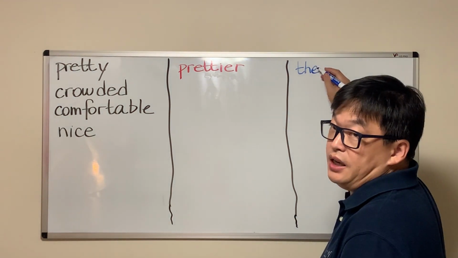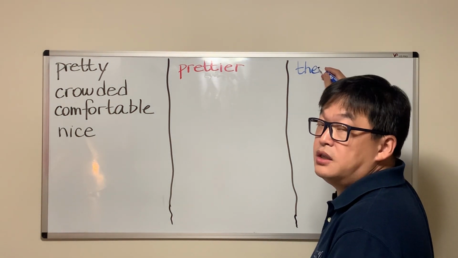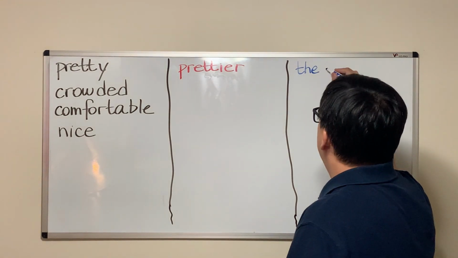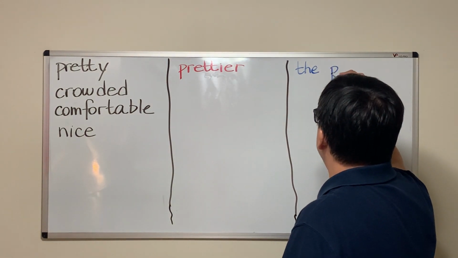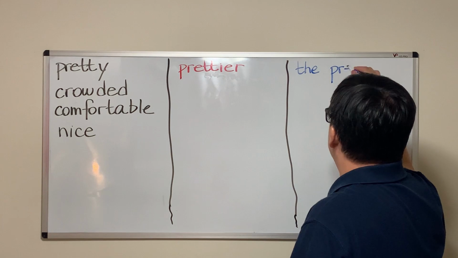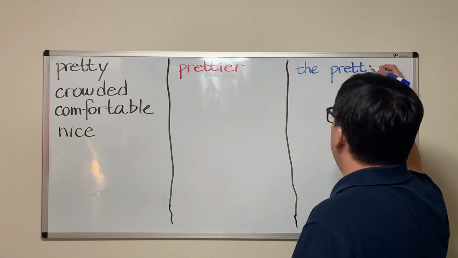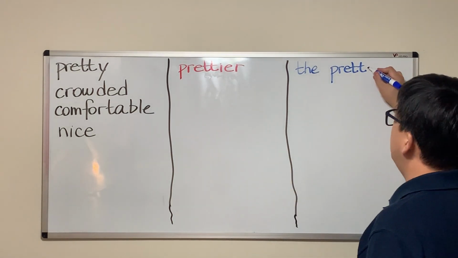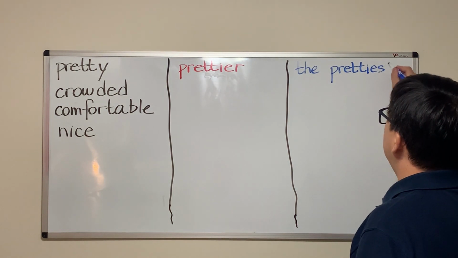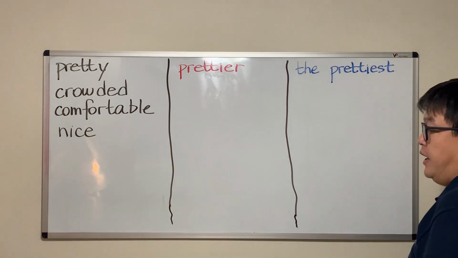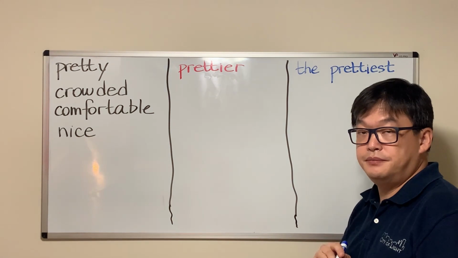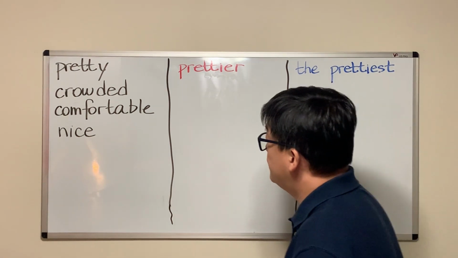Teacher, it's wrong if I don't add the. Yes, it's wrong. And now, the same rule as the comparative. Pretty, and then Y disappears. I-E-S-T, the prettiest. Okay? Good? Easy, right?